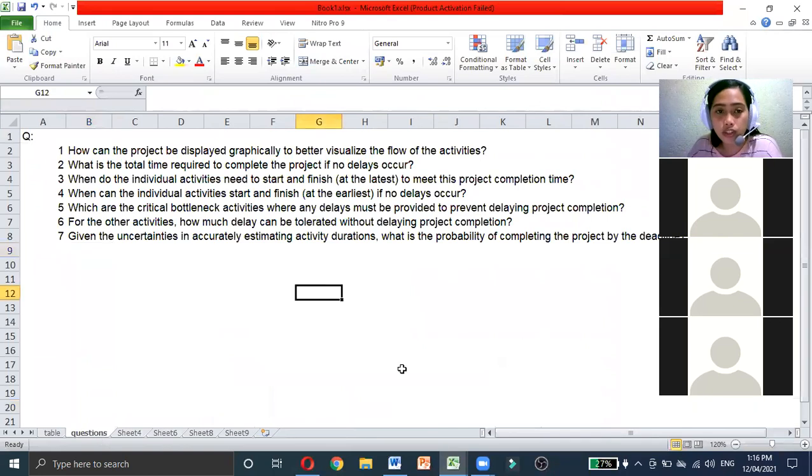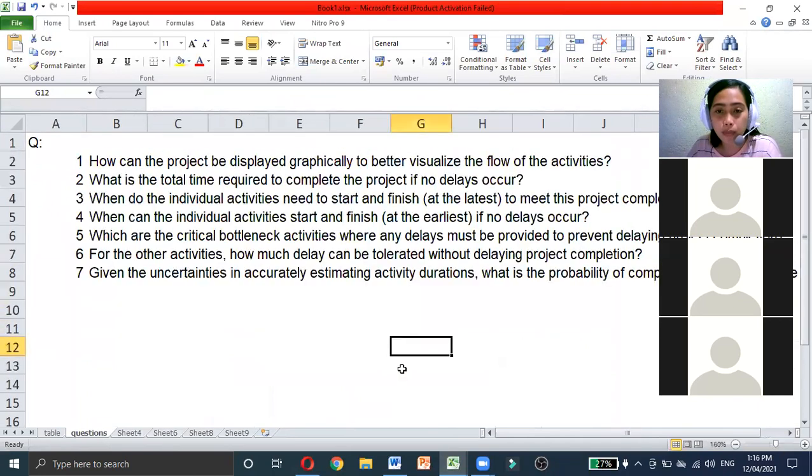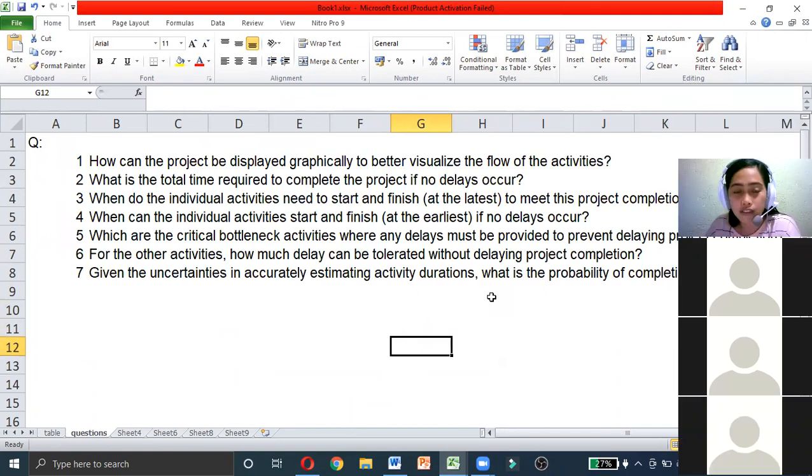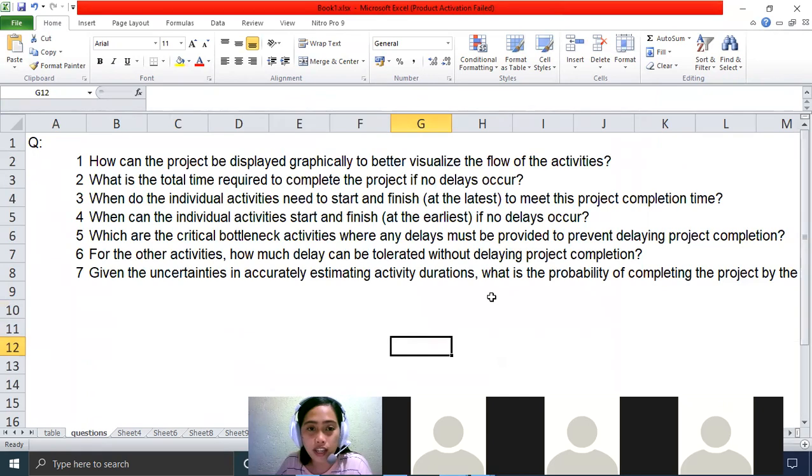Here are additional questions from Mr. Purty, the construction manager. First question: how can the project be displayed graphically to better visualize the flow of the activities? Next question: what is the total time required to complete the project if no delays occur? Next: when do the individual activities need to start and finish at the latest to meet this project completion time?